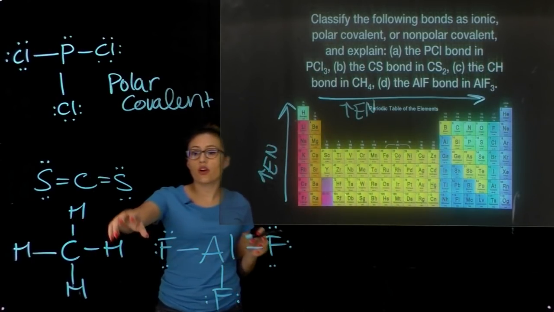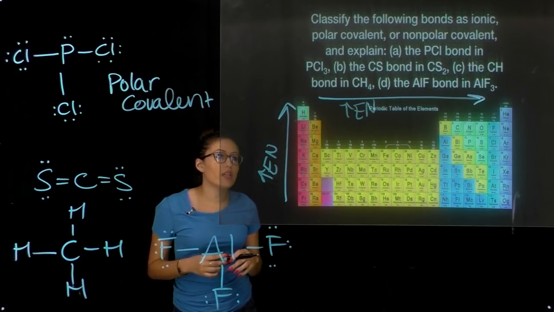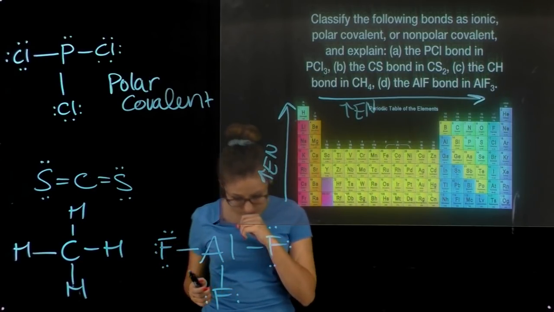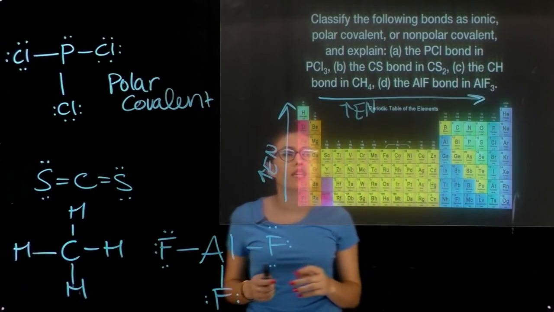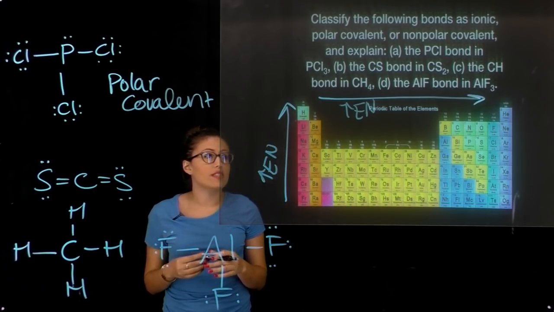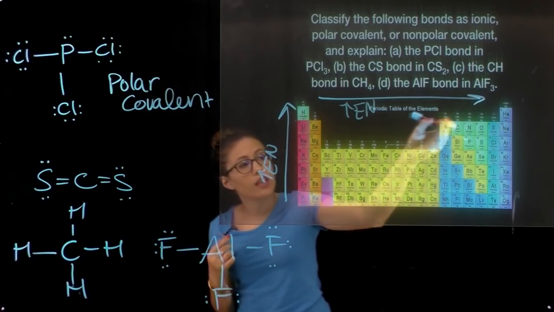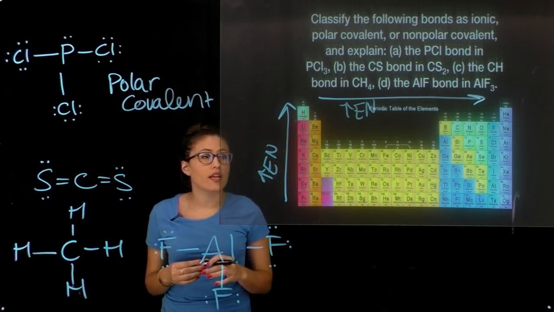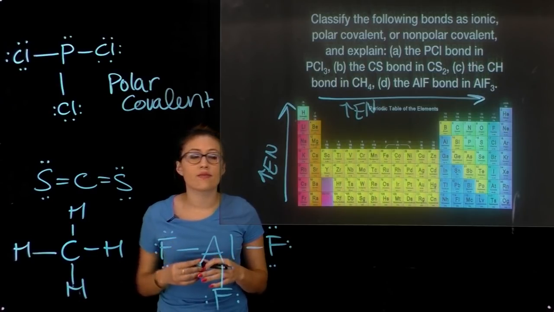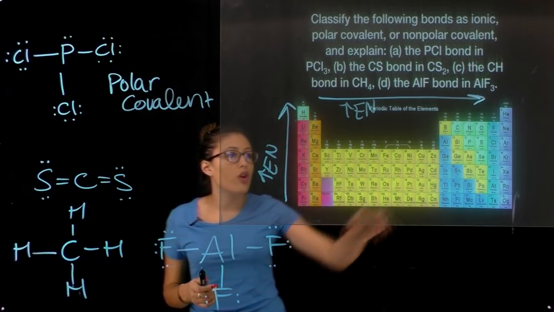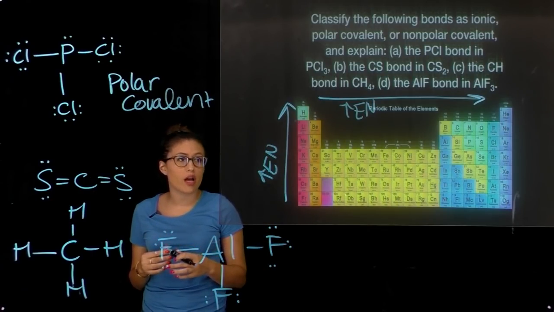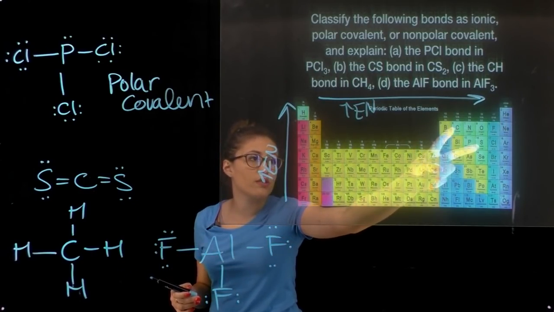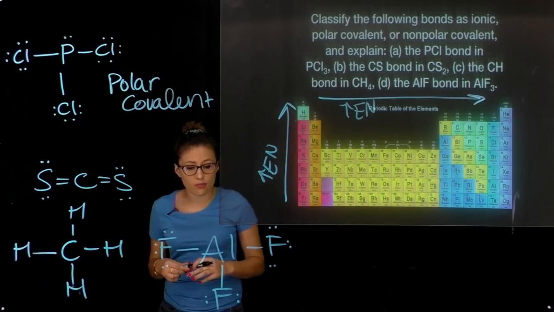So that's important to note for the electronegativities. Let's go ahead and do the carbon-sulfur bond. If we look at carbon and sulfur, we know as you go down the periodic table, the electronegativities decrease, and the further left you are, you also have less electronegative atoms. So carbon and sulfur are going to be a non-polar covalent bond because the electronegativity difference between the two is roughly the same.